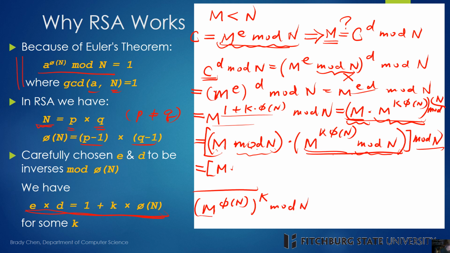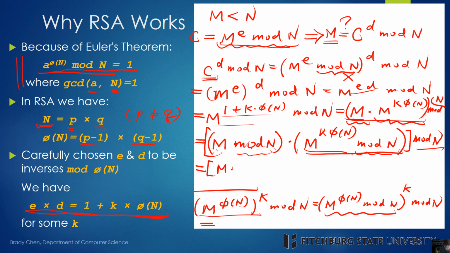This can be written by the modular operation as m to the phi of n mod n, to the k mod n. Now what is this? This looks familiar, right? M to the phi of n mod n. So it looks like Euler's theorem can apply to it. So this is going to give you 1.